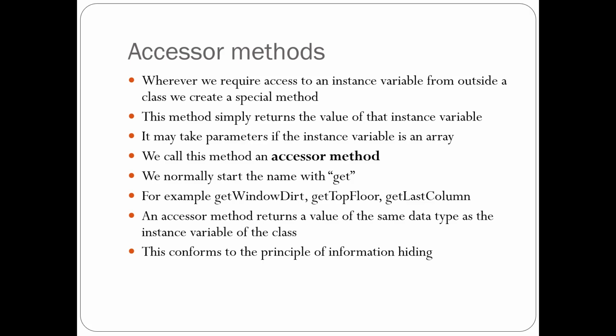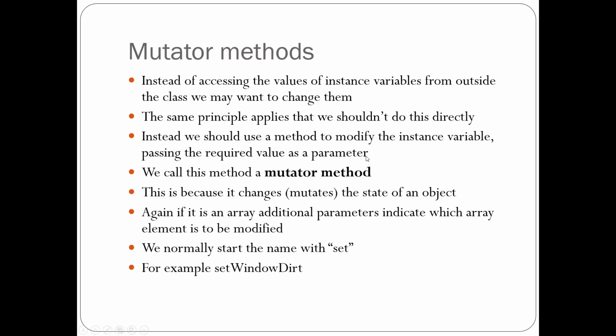So get window dirt, get top floor, get last column. Getter methods, or accessor methods, will always return data back. Getter methods will allow us to access privately declared variables from inside other classes. That's an important thing to remember.